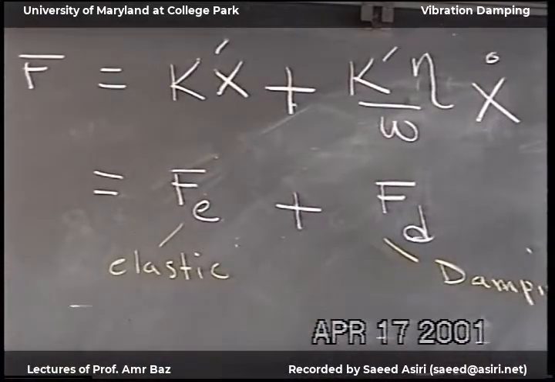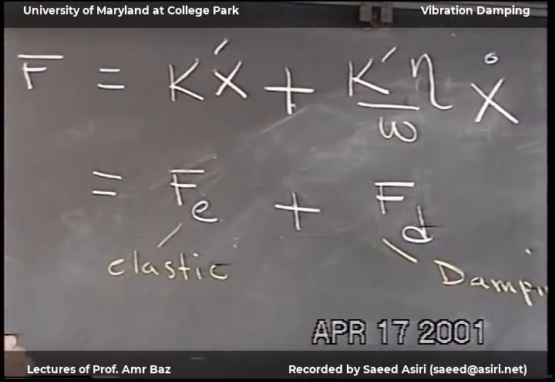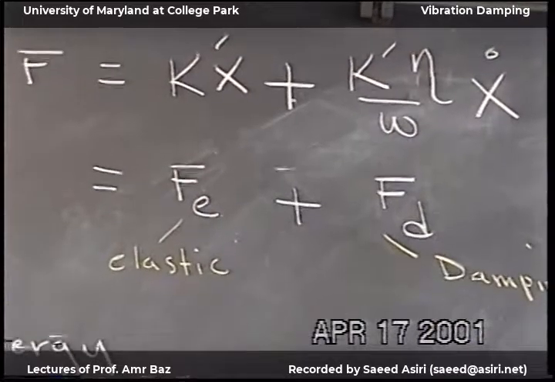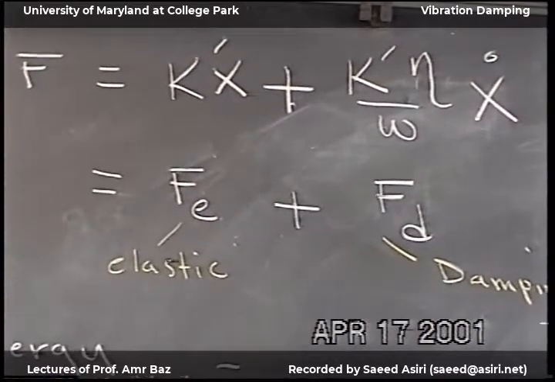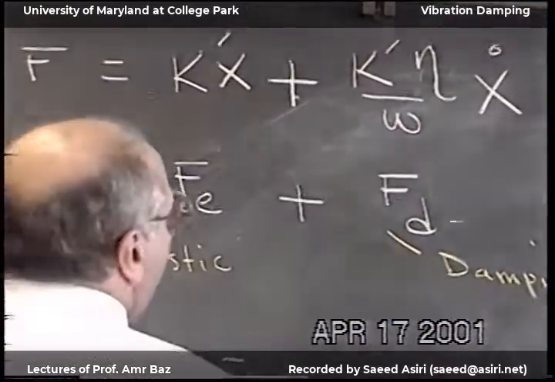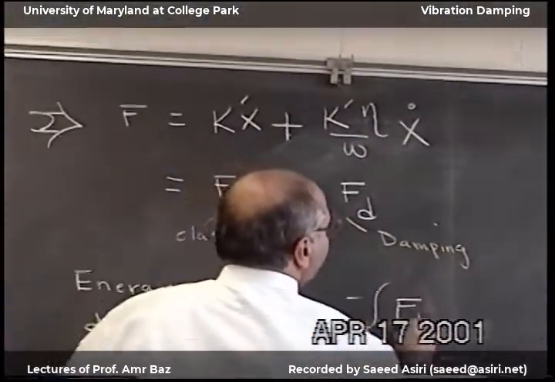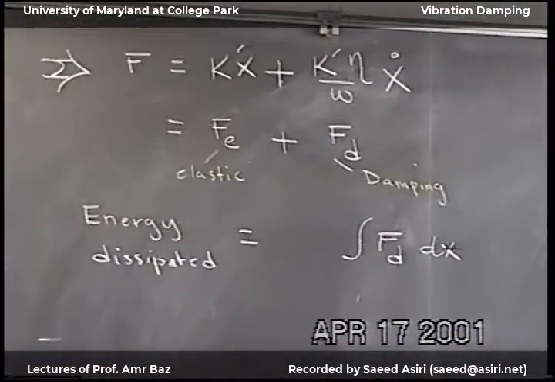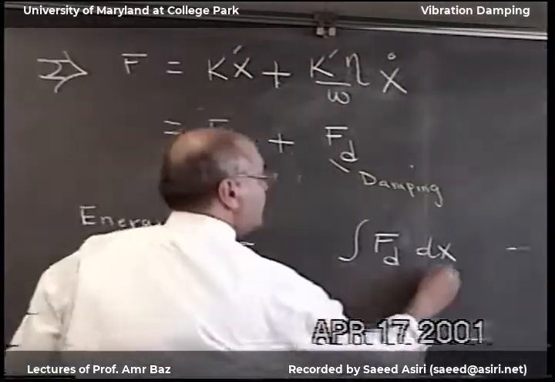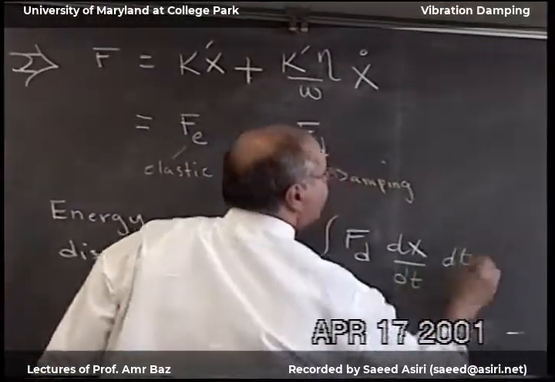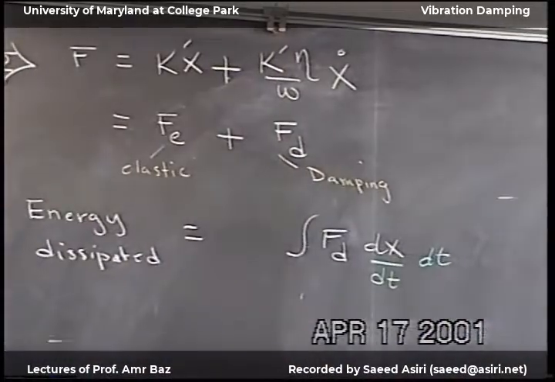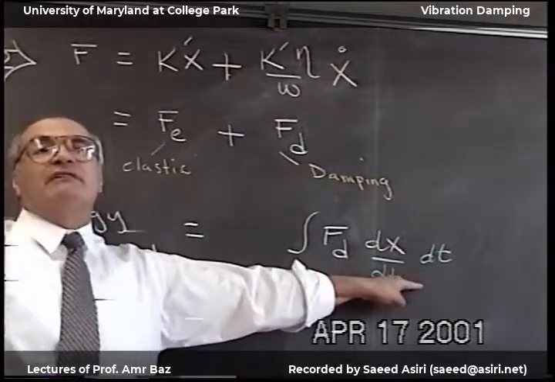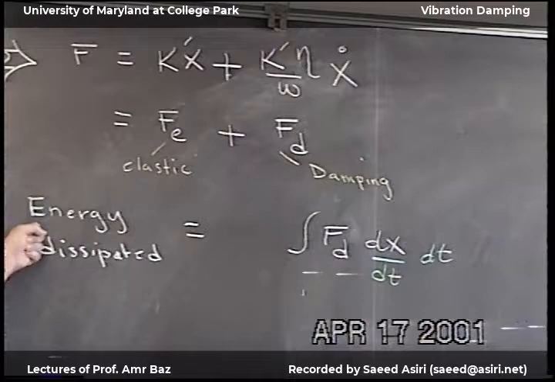Now the energy dissipated is equal to the integral of Fd dx. Then I'm going to divide by dt, multiply by delta t. So now the integral, instead of on the stroke of travel, will be on the time of travel, and I'm going to get this in one cycle.